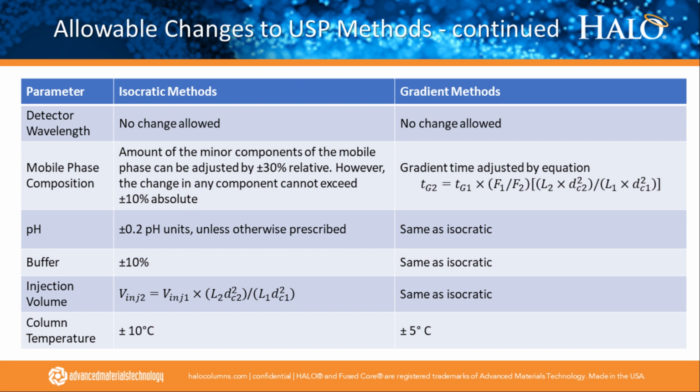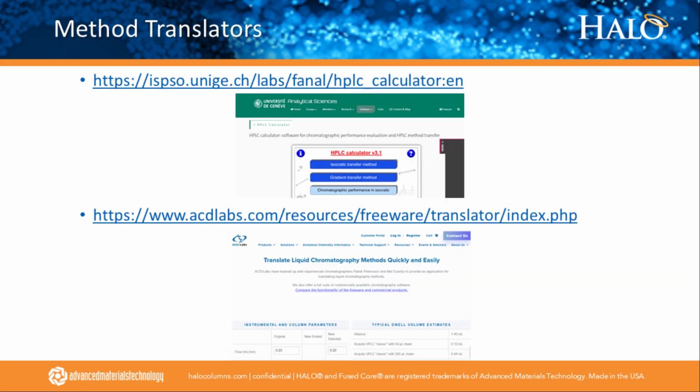So I know this is a lot to absorb. One thing that makes it a little bit easier is to use a method translator, and I've listed 2 different ones that are available. The first one is from the University of Geneva, and that's available as a downloadable Excel spreadsheet. And I have the web address here.